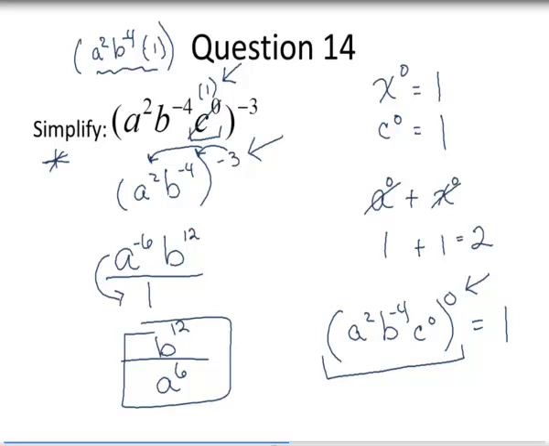So that's why I just dropped it off. You don't need the 1 because it's not changing the value of that expression when you multiply times 1. The reason they put this c to the 0 power in here is to see if you know what that means: that any number to the 0 power equals 1, and when it's multiplied inside of an expression, multiplying times 1 doesn't change its value.